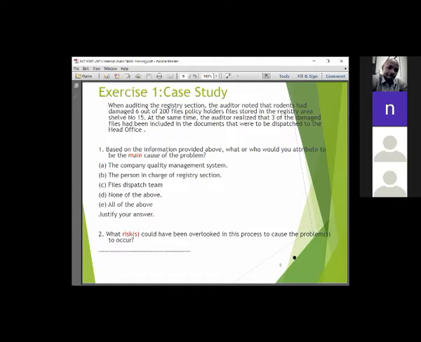We'll go for B or C, we have no one, or D. Let's hear. I would go for file dispatch team. Okay, that is Dennis, file dispatch team. No problem, give us the reason later on. Josephine, what will you go for? Who would you attribute to be the main cause?